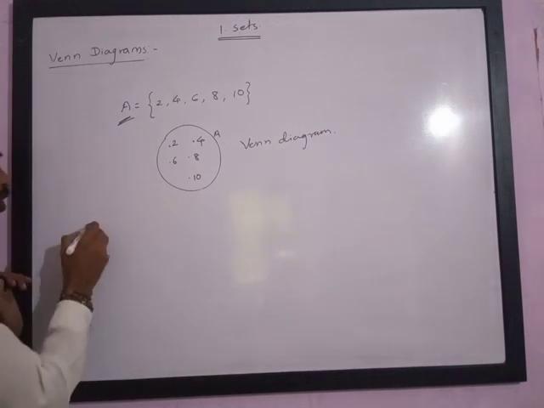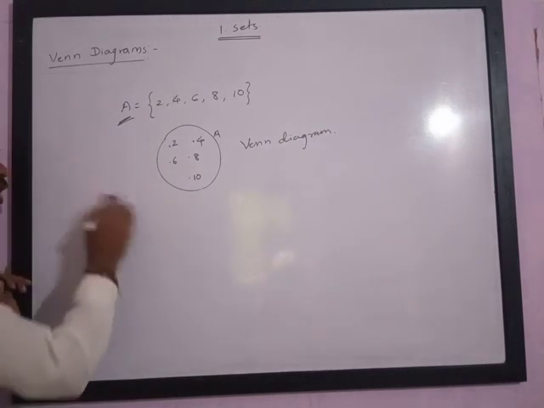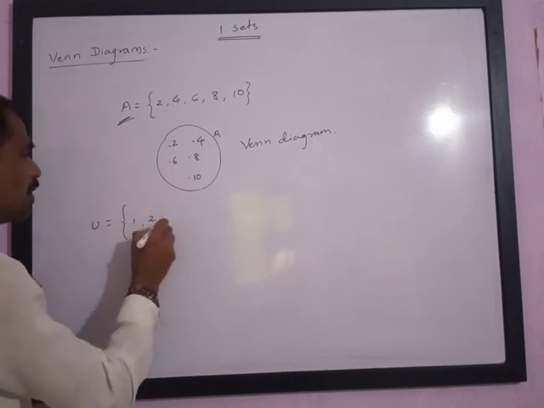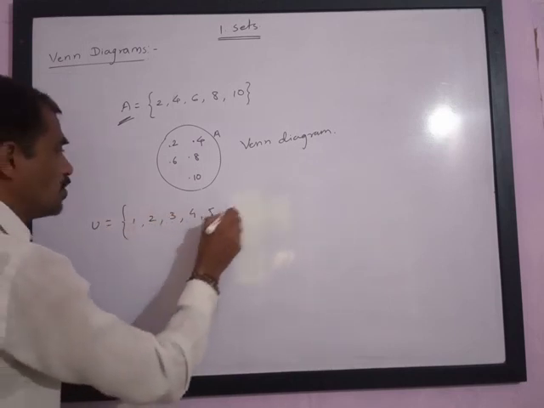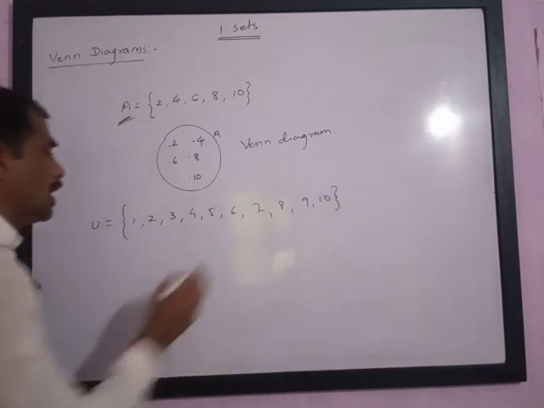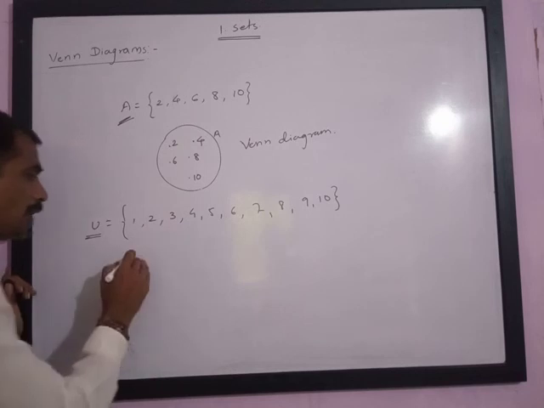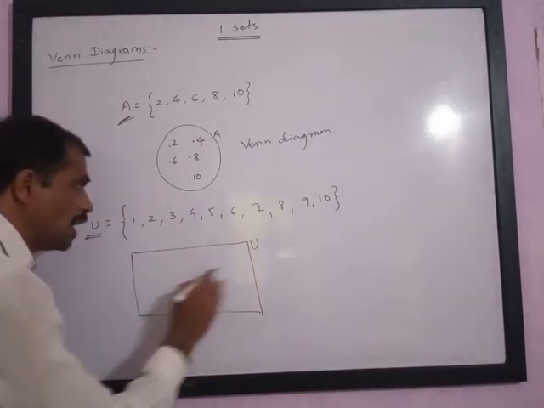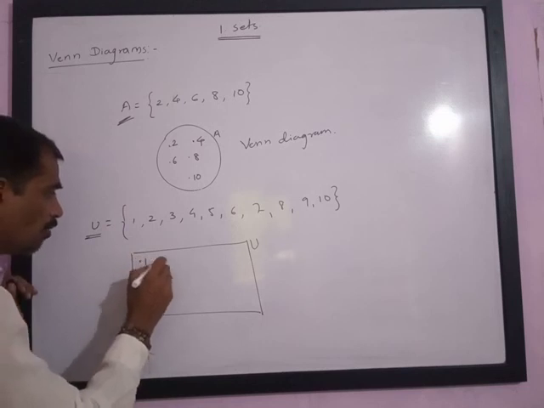He also used a diagram for the universal set. If there is a universal set related to some problem, if U is the universal set 1, 2, 3, 4, 5, 6, 7, 8, 9, 10, that is, natural numbers from 1 to 10, then universal sets are normally represented by drawing a rectangle. So this is the universal set of natural numbers from 1 to 10.